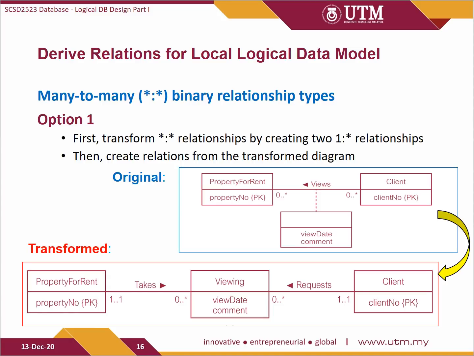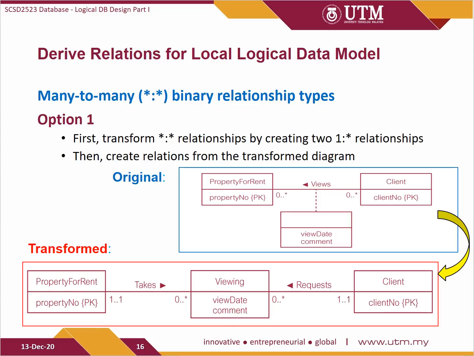For option 1, firstly, we need to transform this many-to-many relationship by creating two one-to-many relationships and also creating one new entity to represent the views relationship. Next, we rename this new entity as viewing, and the two attributes belonging to the views relationship now become attributes of the viewing entity.